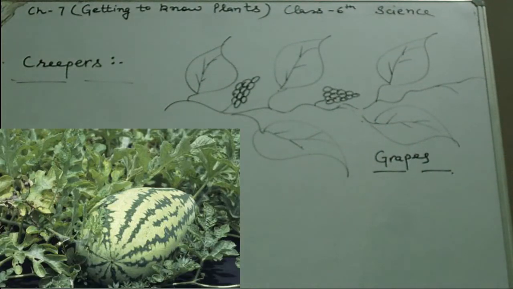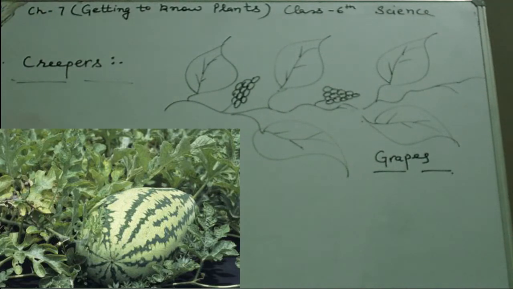Now get knowledge about the fourth category along with herbs, shrubs and trees. The fourth category of plants are creepers, that take the support of a tree to climb upward.